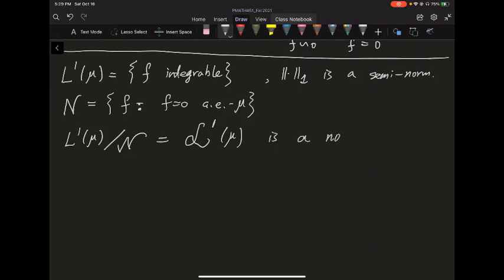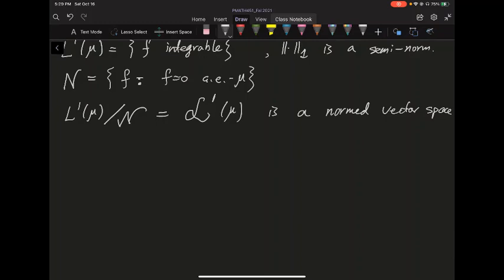You basically treat two functions as the same if they're the same almost everywhere. So this is the L1 of mu. L1 of mu consists of equivalence classes, or you can just pretend it's a function in L1, but two functions are the same if they're the same almost everywhere.